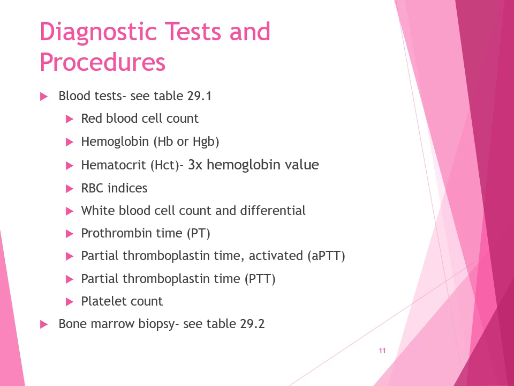What do you notice? Well, you notice that, important, the hematocrit is 3 times the hemoglobin level. So just look, 3 times 14, what is it? 42. So you've got to have that value, 3 times the hemoglobin value.